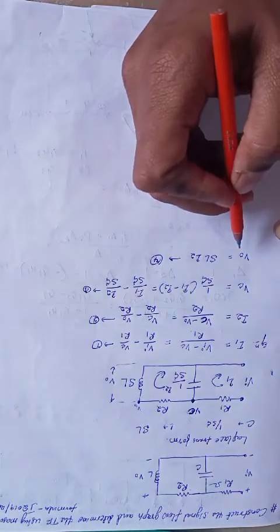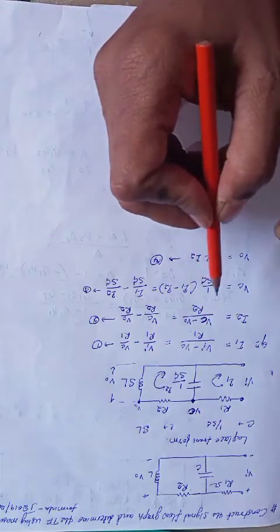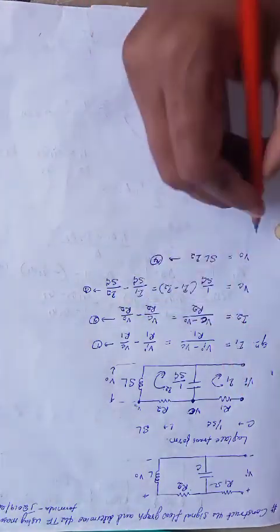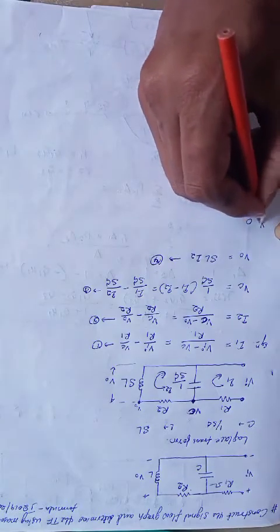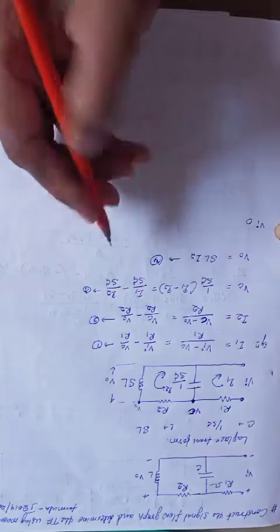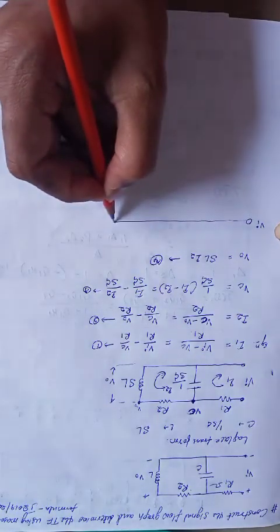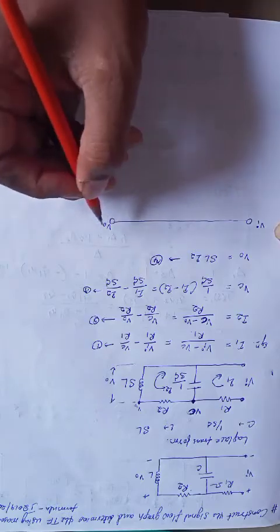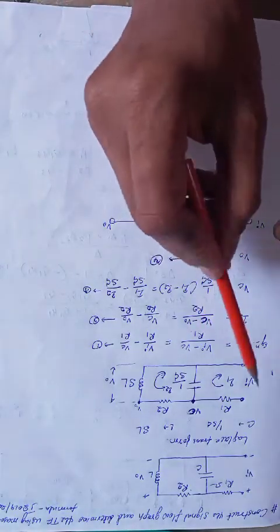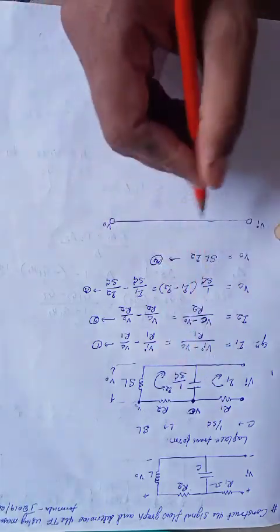For drawing the signal flow graph, identification of the nodes: this is my first node, that is input Vi. After that, take one more, that is V0. In between, the variables are I1, Vc and I2. You can write them anywhere.